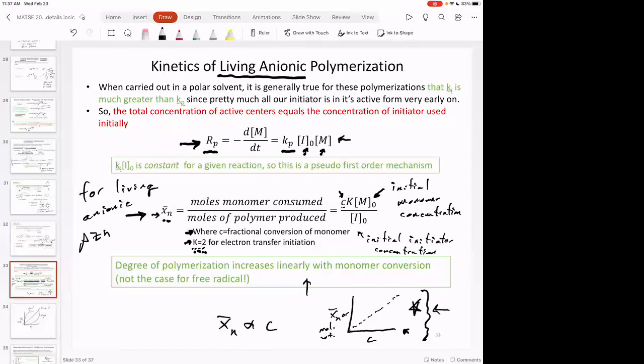So you had to solve for monomer concentration in one of the practice exam problems because I gave you X bar N. And so being able to identify what's going on matters, because I could give you a huge list of equations and say X bar N equals, monomer concentration equals, initiator concentration equals, but there's no use to that because it's just rearranging the same equation over and over.